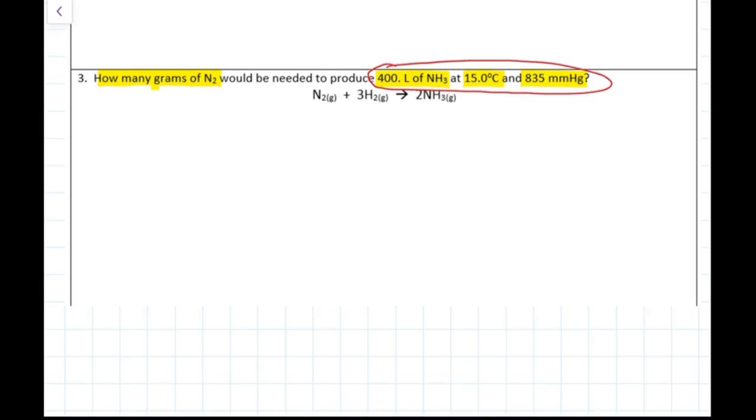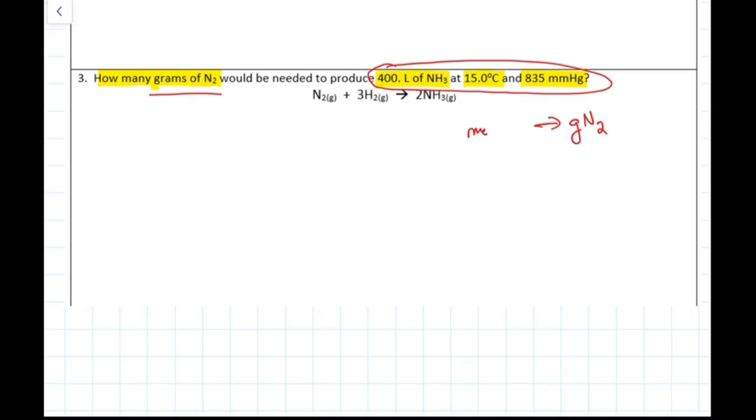And the problem with this is it's asking for grams of one thing, and it's giving you volume, temperature, and pressure of something else. So what I want to do is kind of plan this whole thing out backwards. Okay, so if I want grams of N2, just like when we did stoichiometry, if I want to plan this out, I have grams of N2 that I'm looking for. What would I need to get first? What would be the previous step?